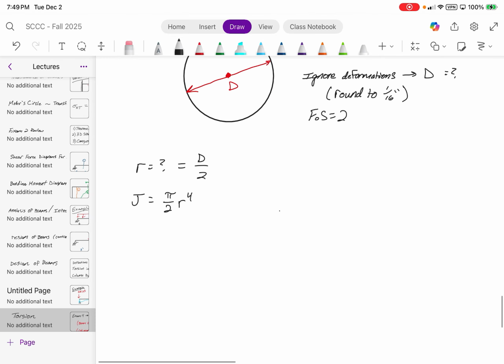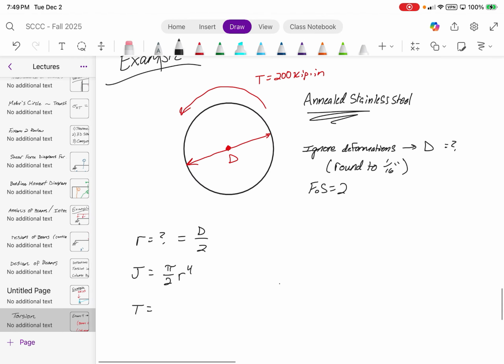So from there, we also have T, which is just going to be 200 kip inches, which you multiply by the factor of safety, which means 400 kip inches is going to be used in design. And then lastly, tau max is equal to 22 KSI, which is from your appendix.